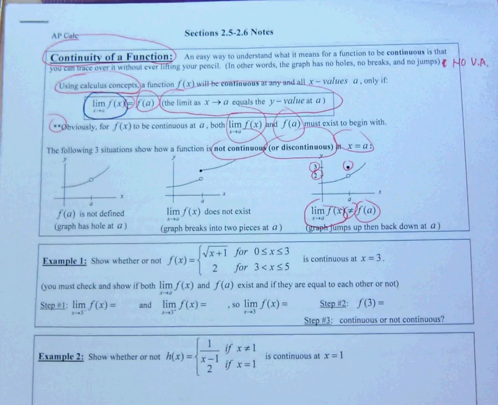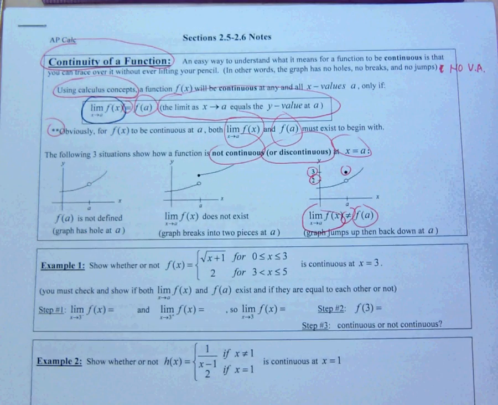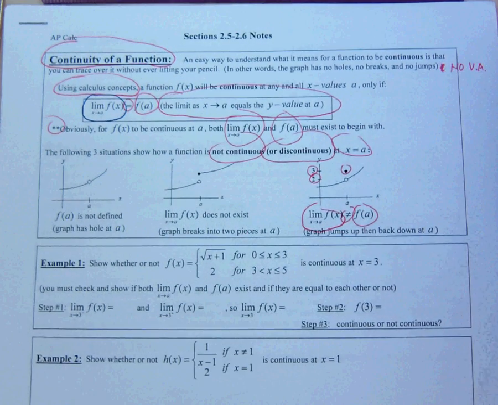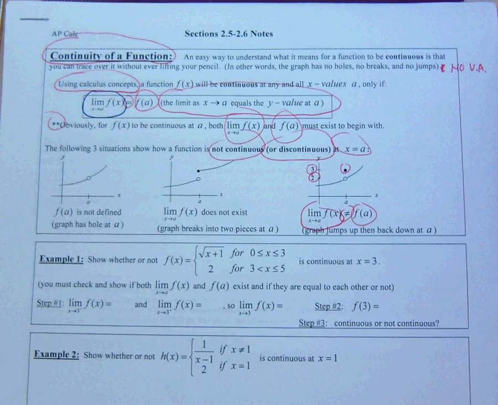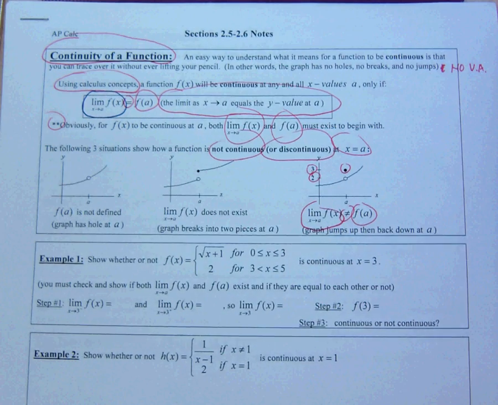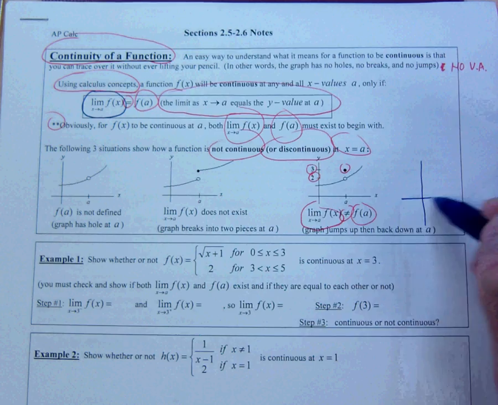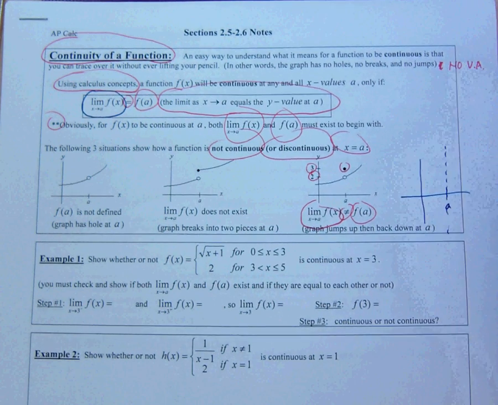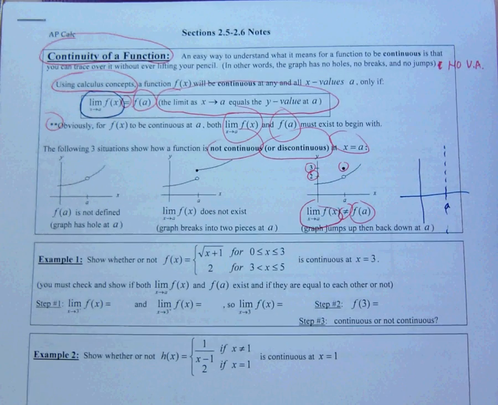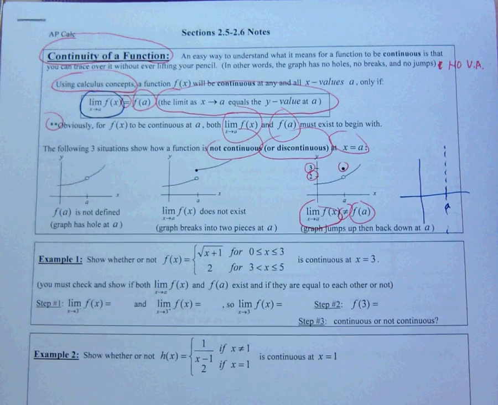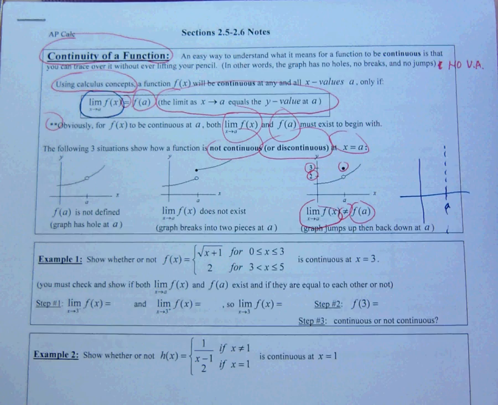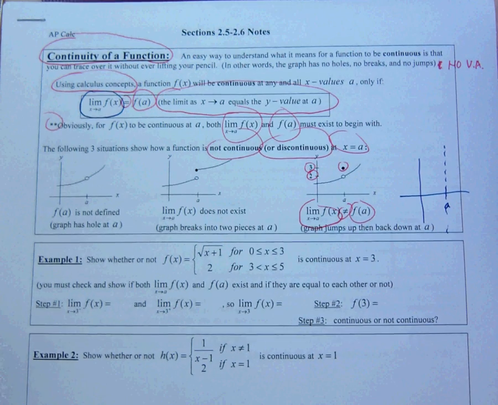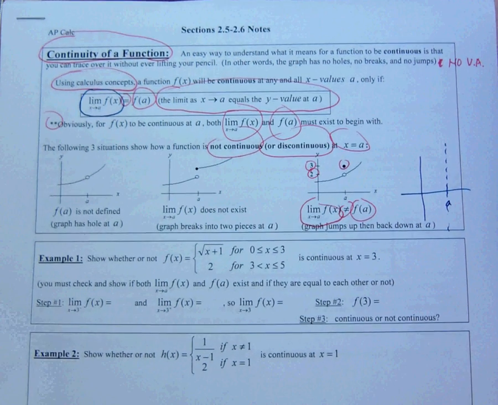So that's a third situation where a function would be not continuous, or discontinuous, at x equals a. Does that make sense? Now I'll add that fourth situation, and that is, if there's a vertical asymptote at a, obviously that's another scenario where the function will not be continuous at a. Make sense?